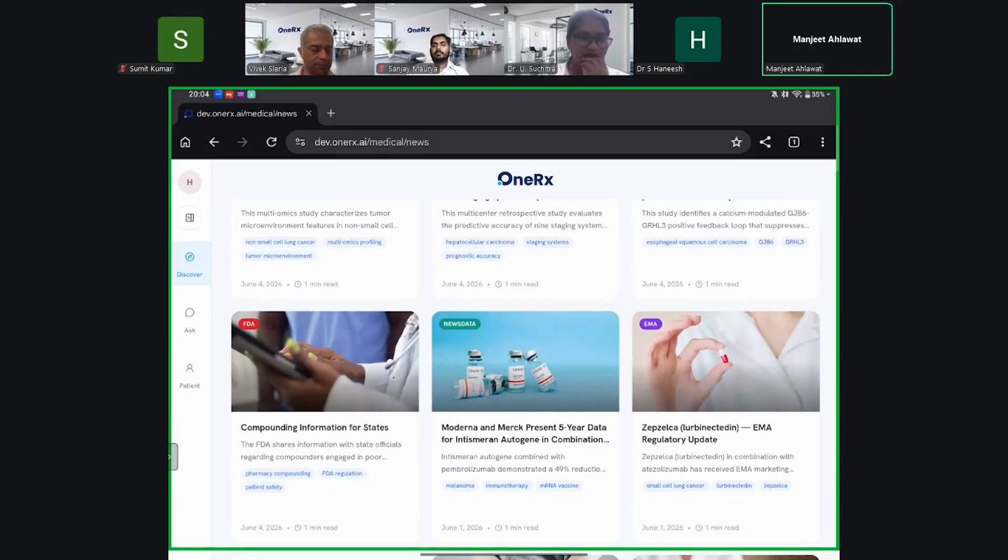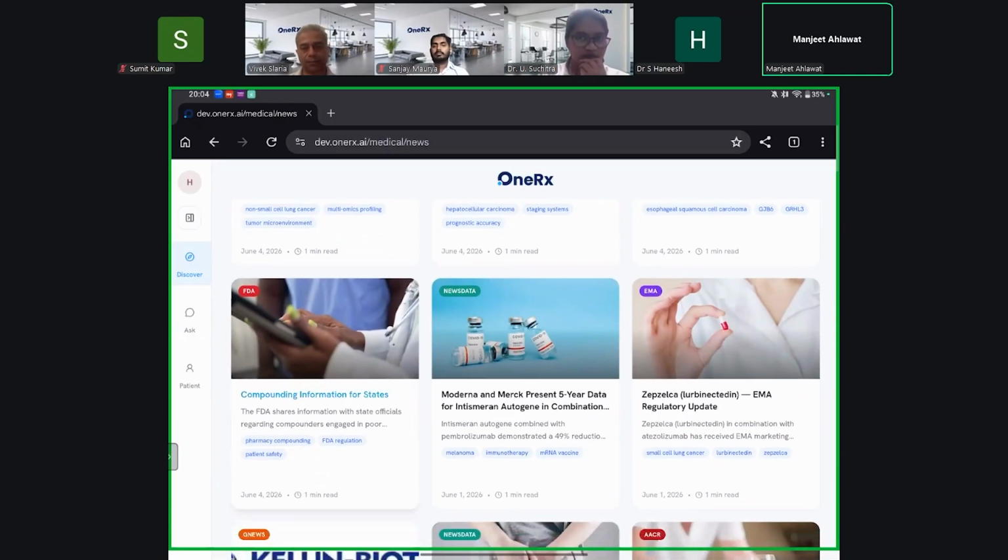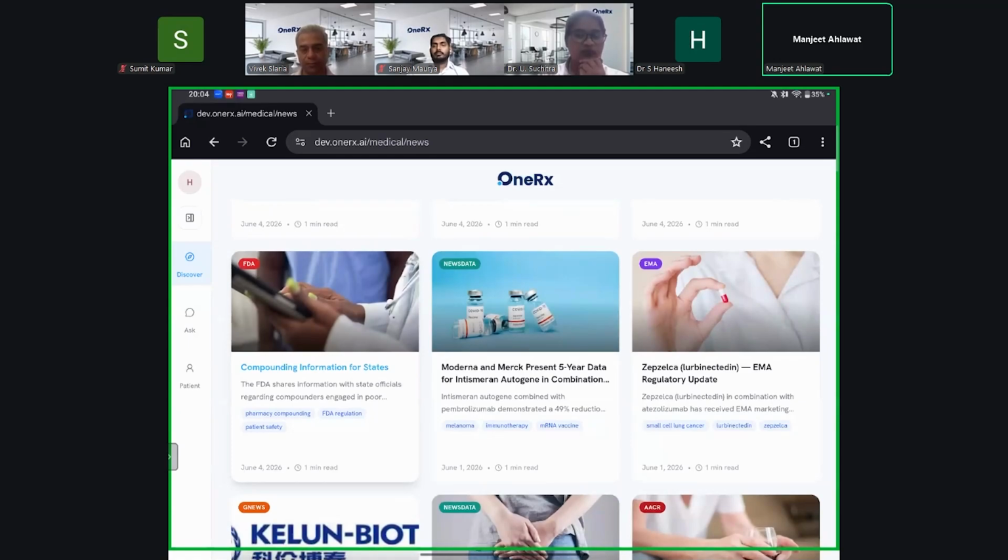In the recommendation section, whenever we are recommending something, then the source, whether it is from the NCCN guideline, from ESMO, ASCO, or from some trial, or by some article by some expert.